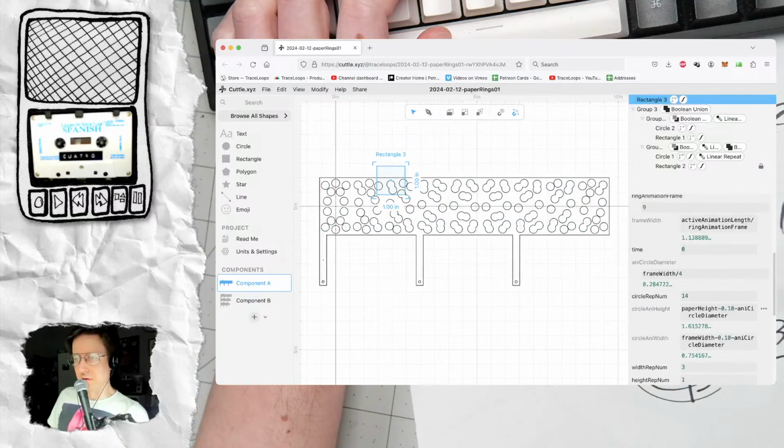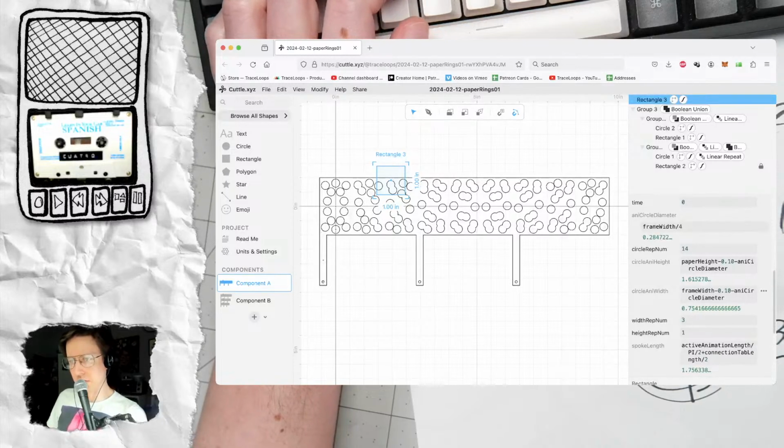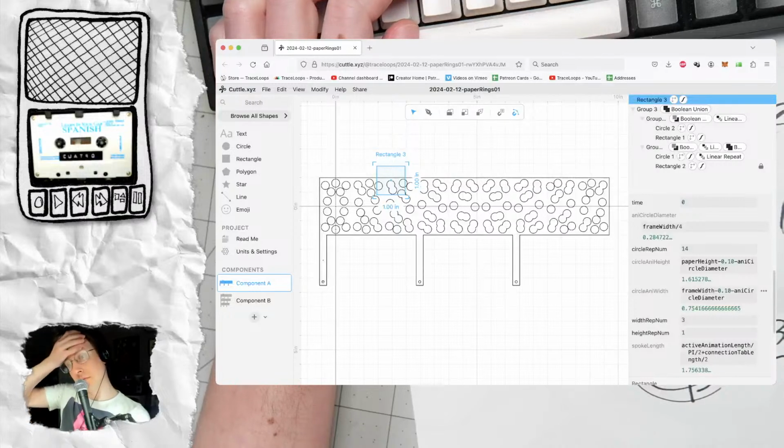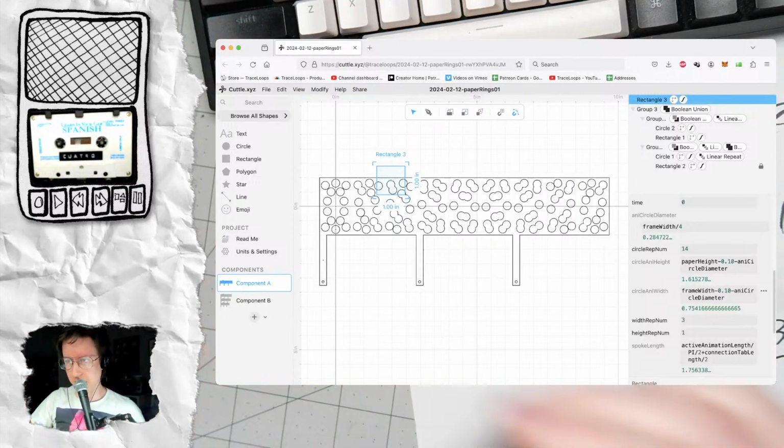that is, oh, that's its own little issue. I didn't think about the tab.